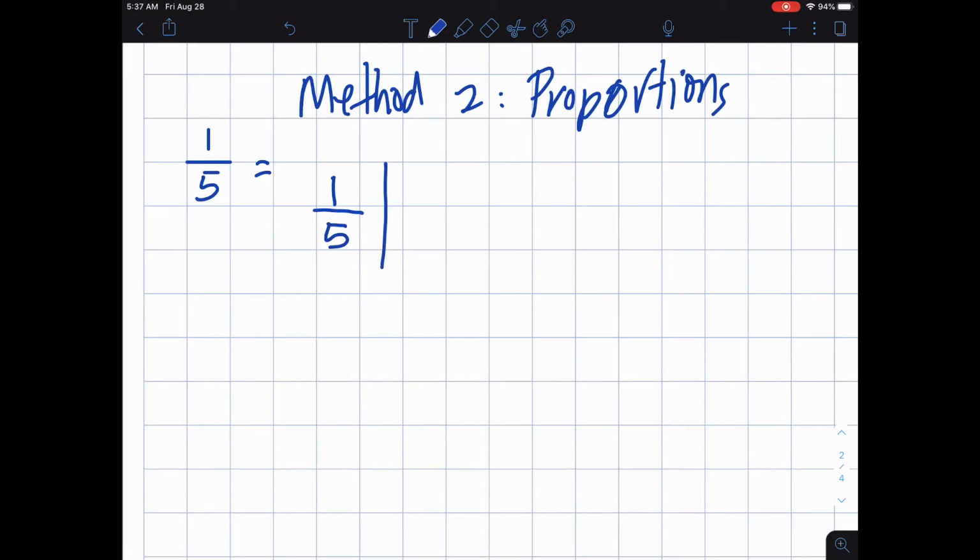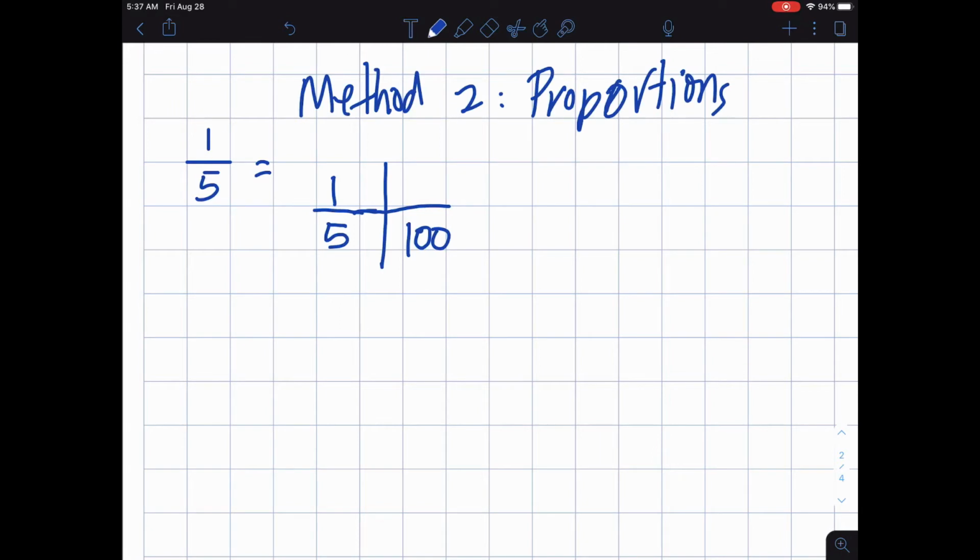So I'd like to draw this box right here and make it 2 equal. So if that's 1/5, then you have to think about decimal, power of 10. I like to use 10 to the power of 2, which is 100.